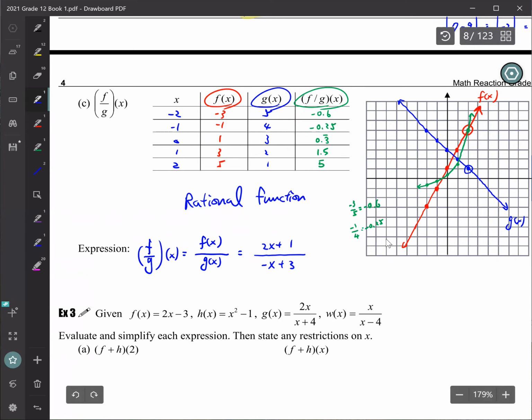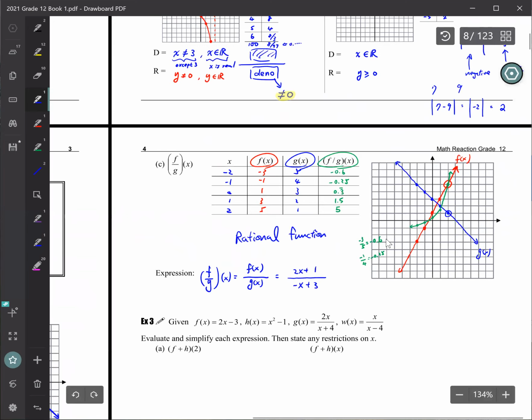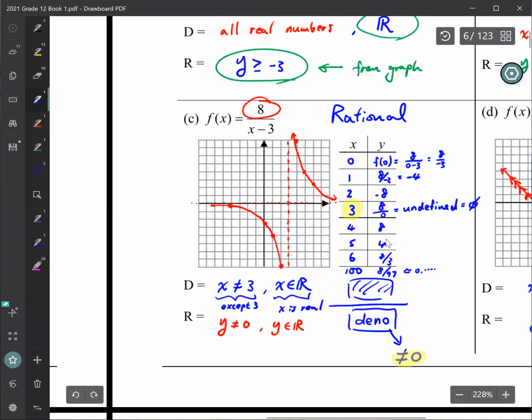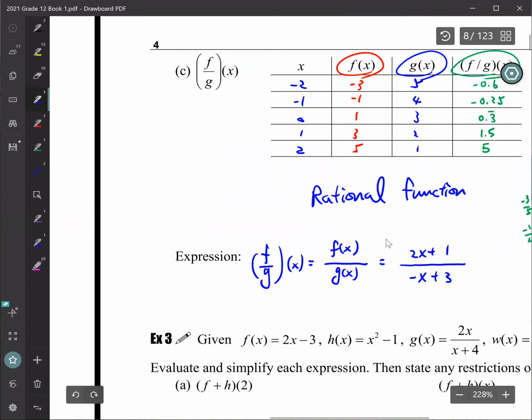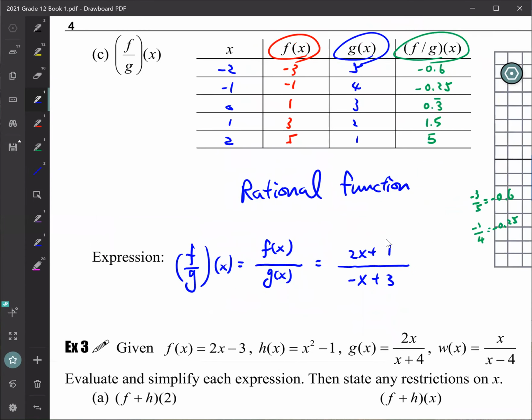Remember, for rational function, the most important thing is to figure out the domain, right? And domain is you look at the denominator. So what is the rule for denominator in a rational function? Let me ask Suzanne.